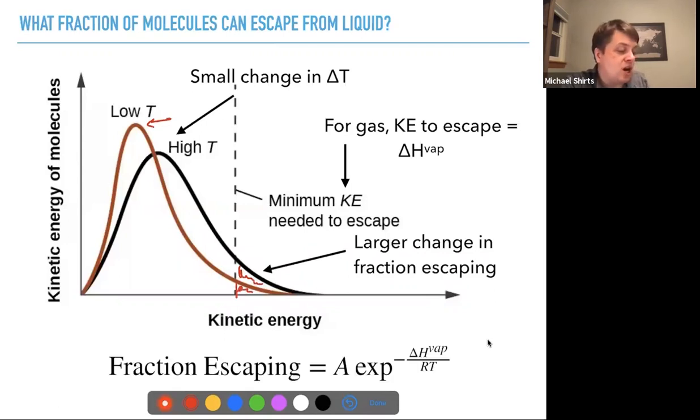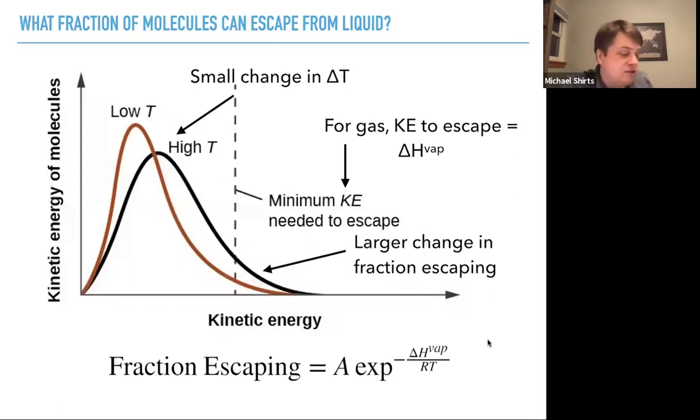And so you can show, we won't do it here, but if you look at these distributions, the fraction escaping is proportional to exponential minus delta H vap over RT, with some constant that we won't worry about. So whatever the heat of vaporization is, divided by RT.